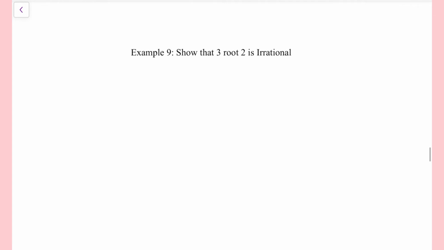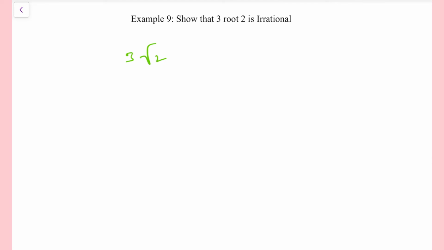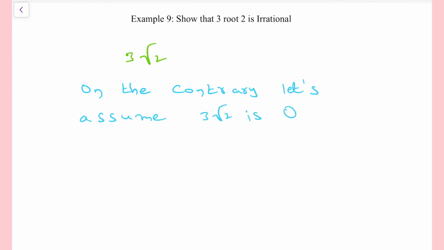Next, show that 3 root 2 is irrational. Simply 3 root 2, it's very easy. Nothing to worry about. This is asking to show that it is an irrational number. First statement as usual: on the contrary, let us assume 3 root 2 is rational.